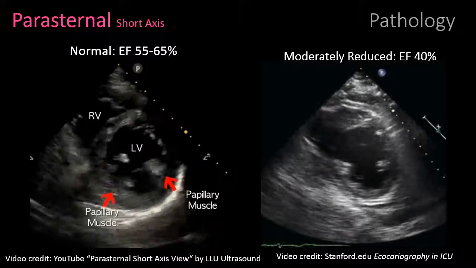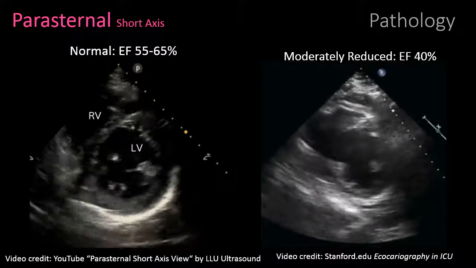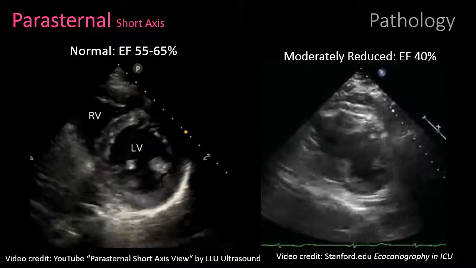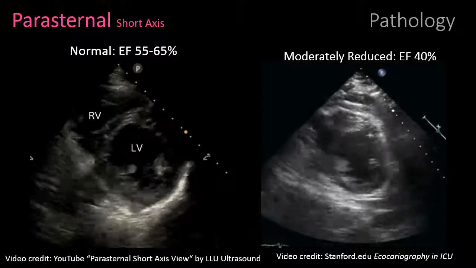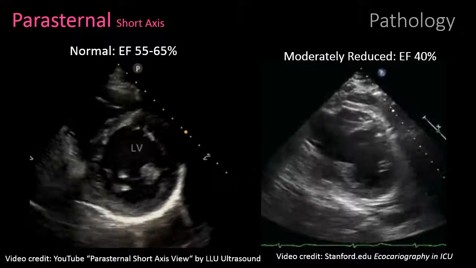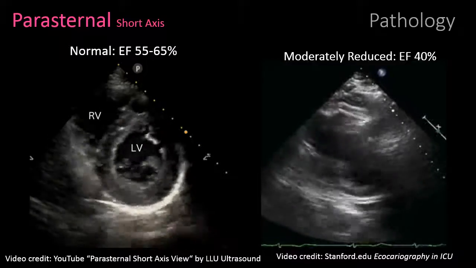It's not contracting as fully as the one on the left. And so we can see that there's some dysfunction here. This particular heart, the ejection fraction is estimated to be 40%, as compared to the normal 50 to 55% that we see on the left.